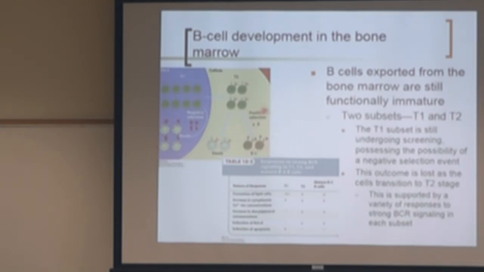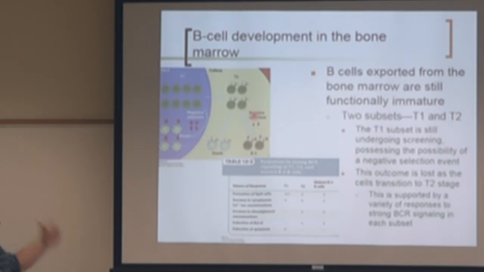This is the first place in the splenic follicles where these cells are going to sit. Now they've become mature enough that if they receive a signal, it's going to be a positive signal. This is where you're going to first encounter blood pathogens.